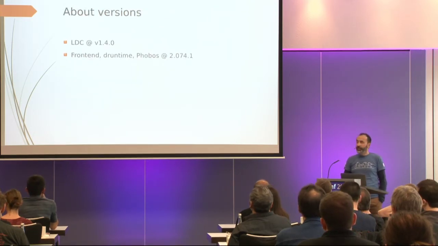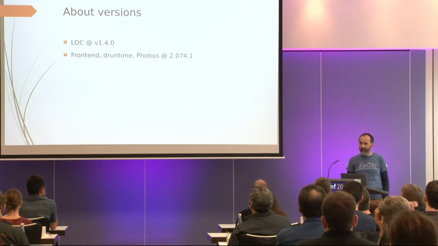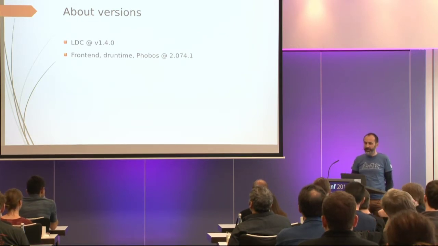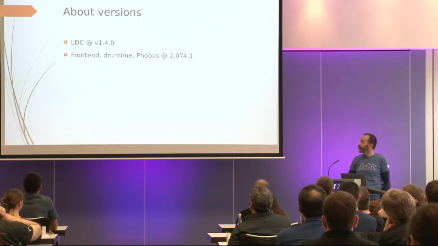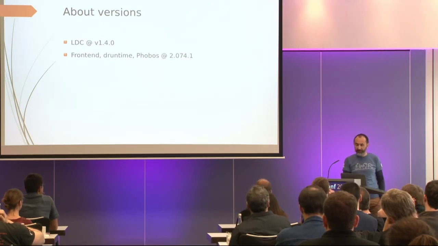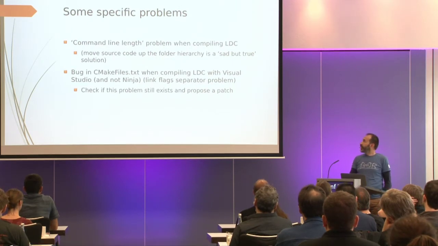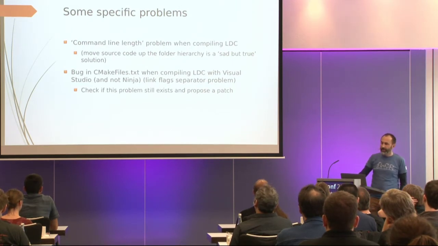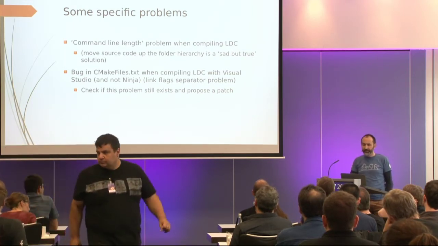Just before continuing, for reference, these are the versions I worked with. There is no special reason for using these versions, but those were the latest versions at the moment I started working. I had some specific problems while compiling the compiler, which might or might not be present in the latest versions of LDC.